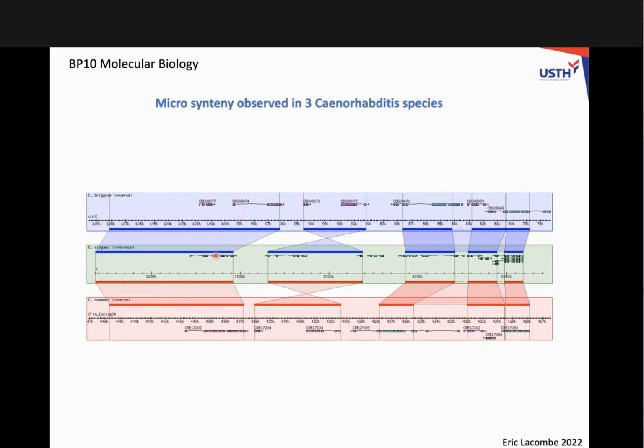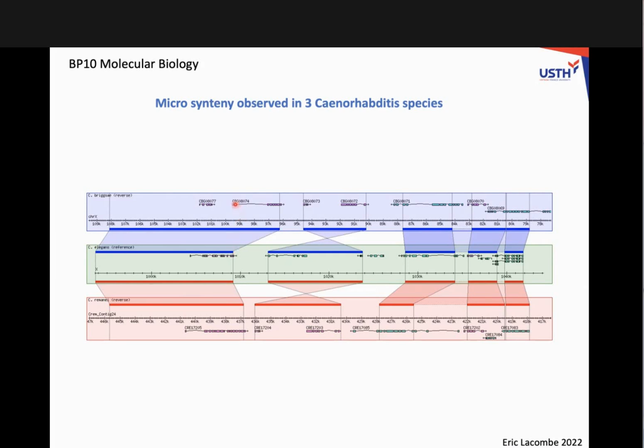So what do we find? In briggsae there are 2 genes, but in elegans there is only 1. And if you look at the size of this bit of sequence when we compare these 2 species, this one in briggsae is bigger than in elegans.